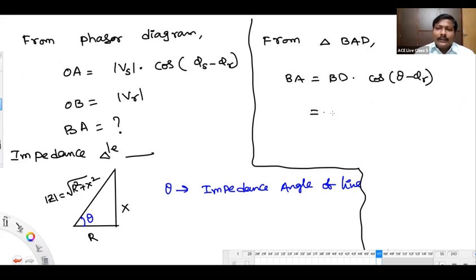That BD length is IR into Z. So BA is equal to BD into cos of theta minus phi r.